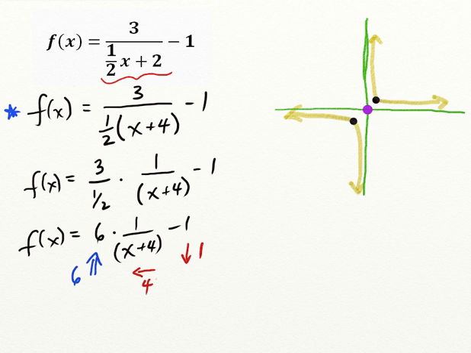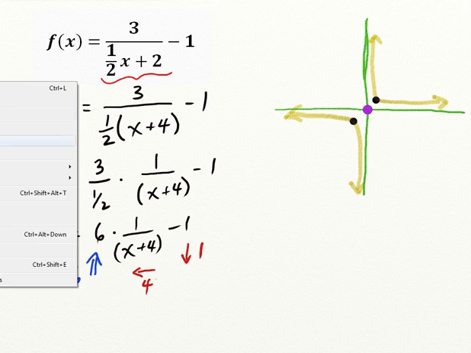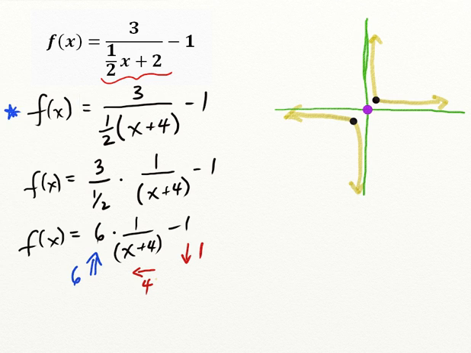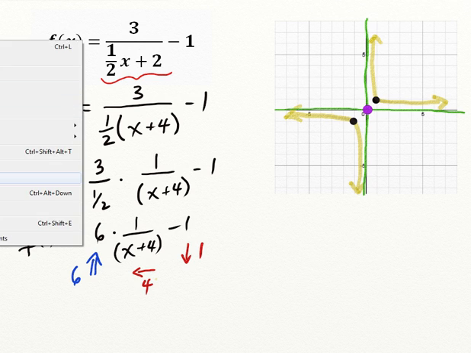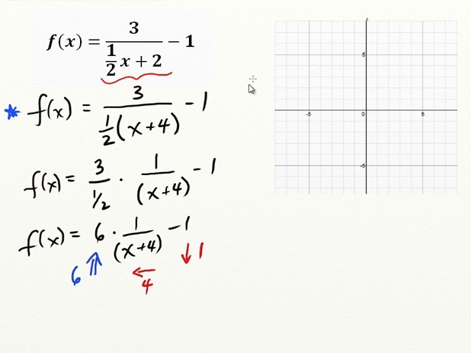Let's just get rid of that. Actually, we'll just get rid of those points, and then we'll start working on our new function here. So let's put in the new asymptotes.